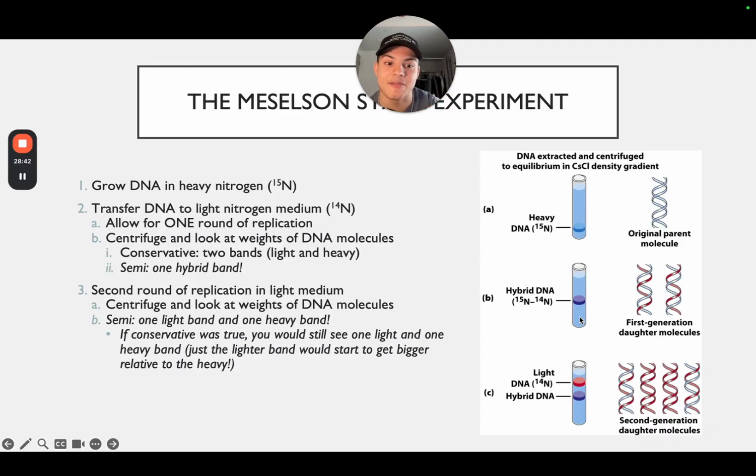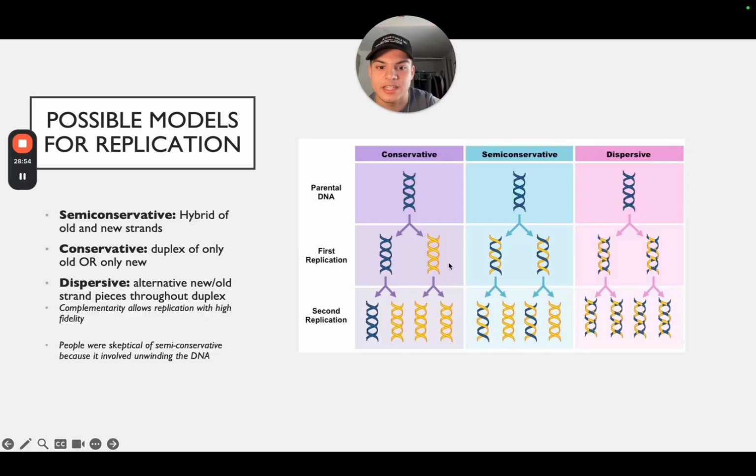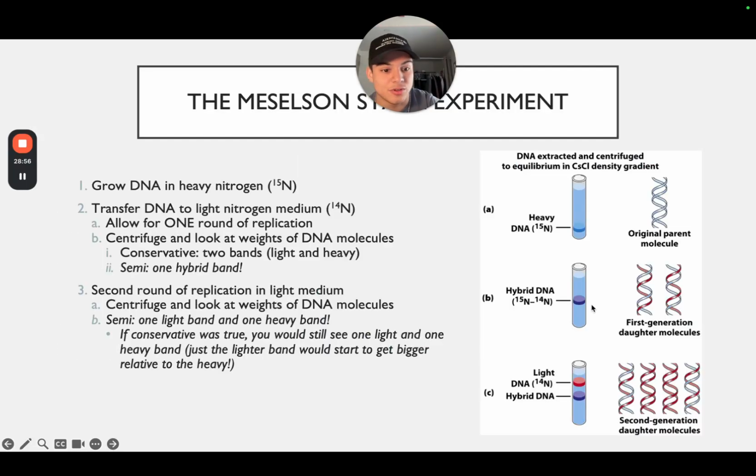That's because we would have the parent that was untouched, which is going to be the 15N, the heavier one, on the bottom after we centrifuge, and the 14N of the daughter DNA. Again, this is the 15, this is the 14. We would have two separate bands after the first replication, if that model was correct. But what this experiment found was that there was a hybrid. Instead of forming two bands, we formed a single one in the middle.